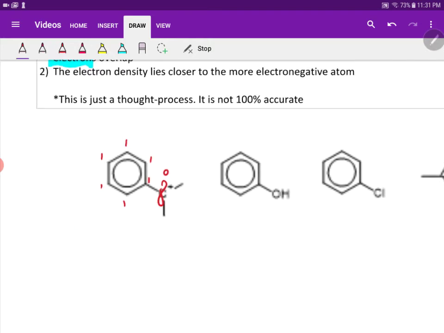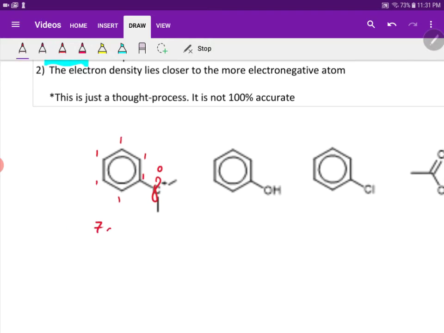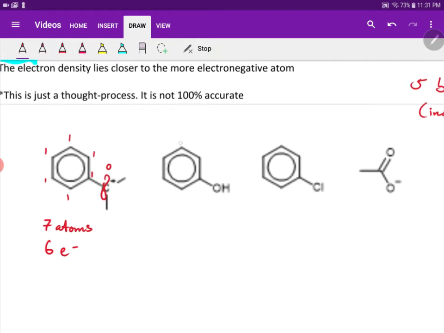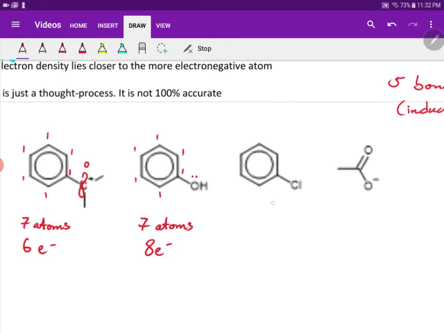So I have 7 atoms, 6 electrons. In the second case, I have 1, and 1 in the p orbitals. Here I have a lone pair, so I have 7 atoms and 8 electrons. Likewise, for this example, we also have 7 atoms and 8 electrons.